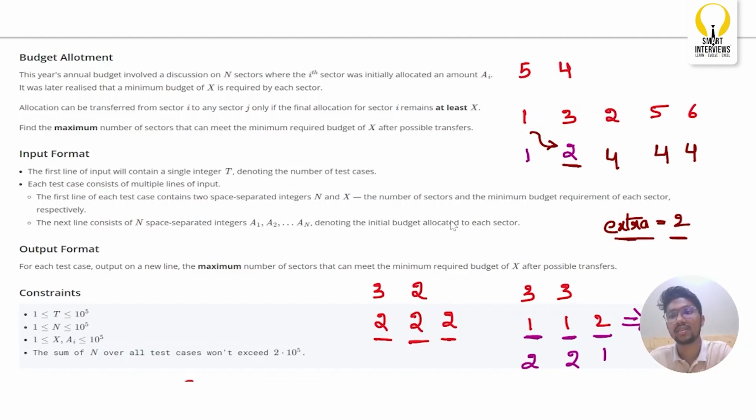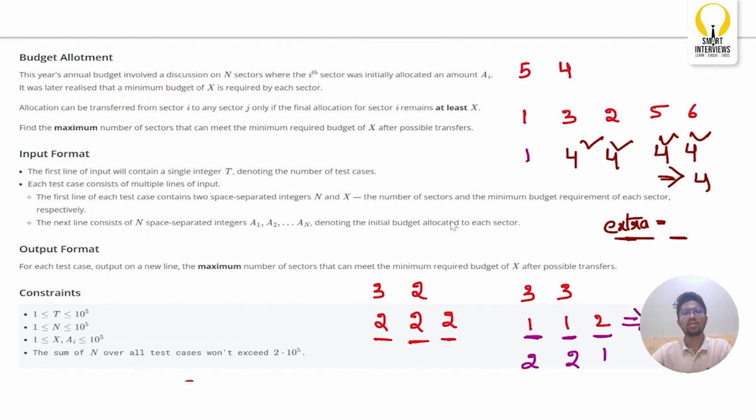Extra is 2 and requirement is 2. I'll add to the sector 4. At last I'll check how many sectors have the minimum budget: 1, 2, 3, 4. So the output is 4.